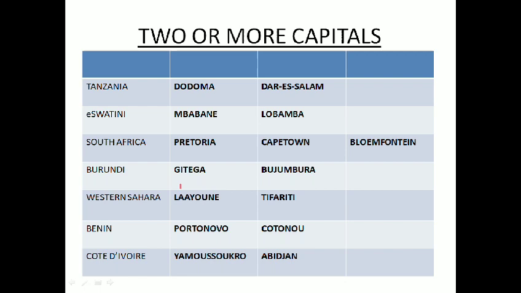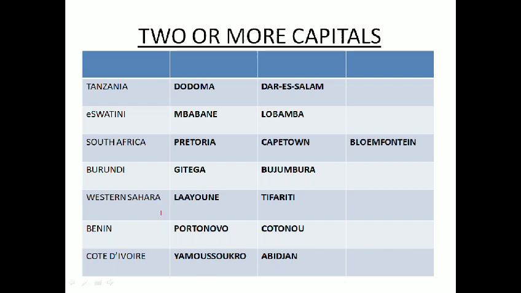For Burundi, it is Gitega and Bujumbura. For Western Sahara, which is a disputed country, clear? Until now, there is no clarity whether it is sovereign or non-sovereign. Some countries recognized it, some countries have not recognized it.